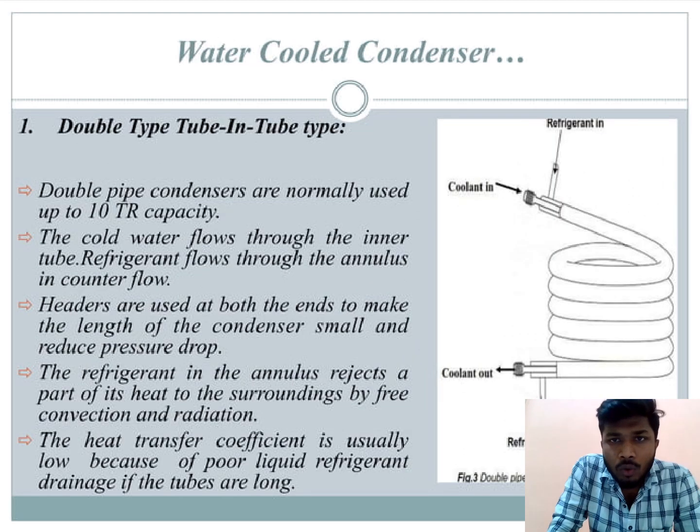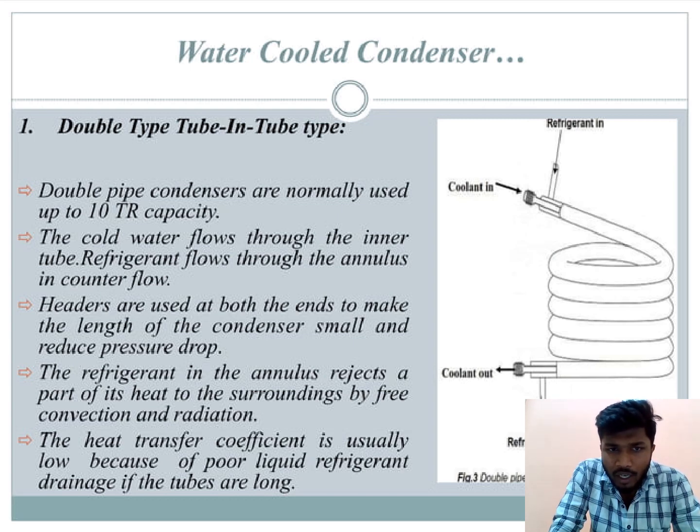In water cooled condensers, the first one is the double tube, or tube in tube type. The double pipe condenser is normally used up to 10 TR capacity. The cooling water flows through the inner tube, and the refrigerant flows through the annulus in counterflow.